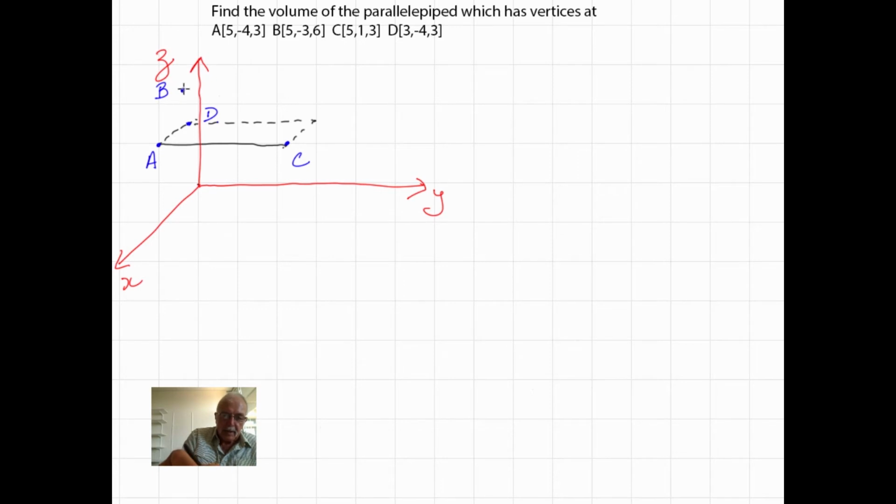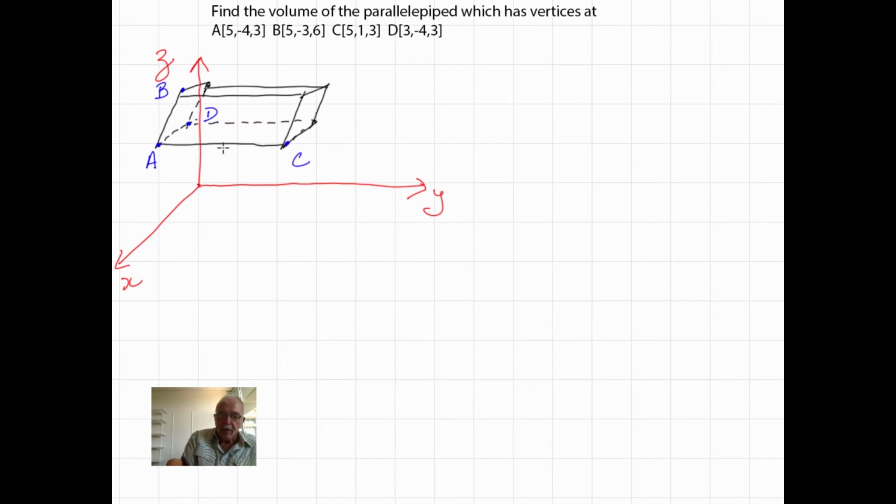And then to get some height, we go up AB, so I've got to draw another 4 of those. Now I can draw the top. Okay, so there's my parallelepiped. All its faces are parallelograms.